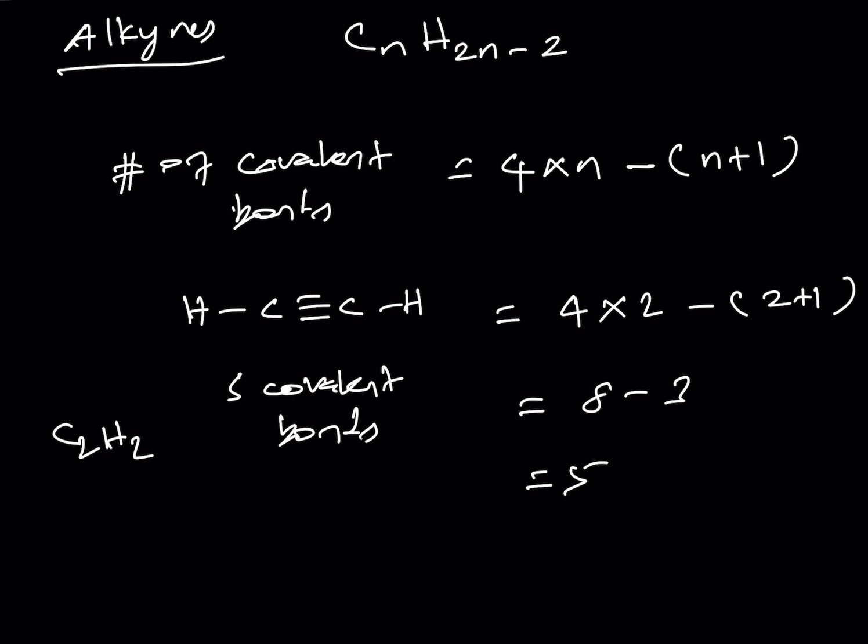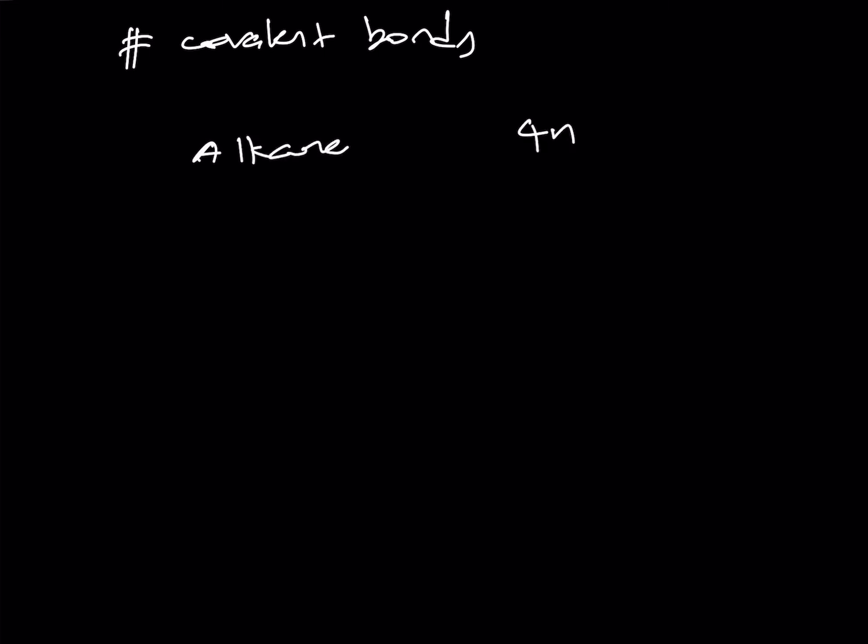So in summary, we got 3 different general formulas to calculate the number of covalent bonds. If it is an alkane, it is 4n minus n minus 1. If it is an alkene, then 4n minus n.